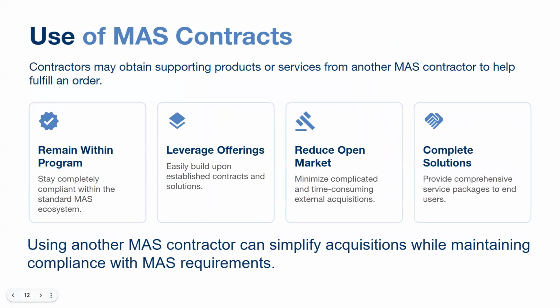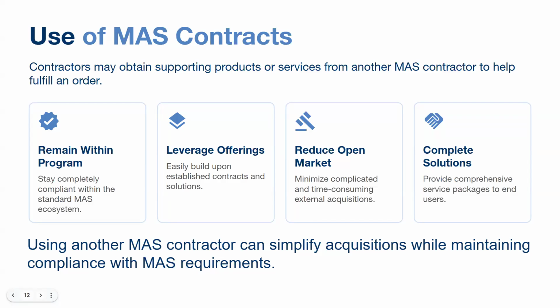So again, use of another MAS contractor. We're going to go into a little bit of this. It might sound unusual when you think about it, the use of another MAS contract. But no single contractor can reasonably be expected to offer every product or service that might be needed to support every customer requirement.